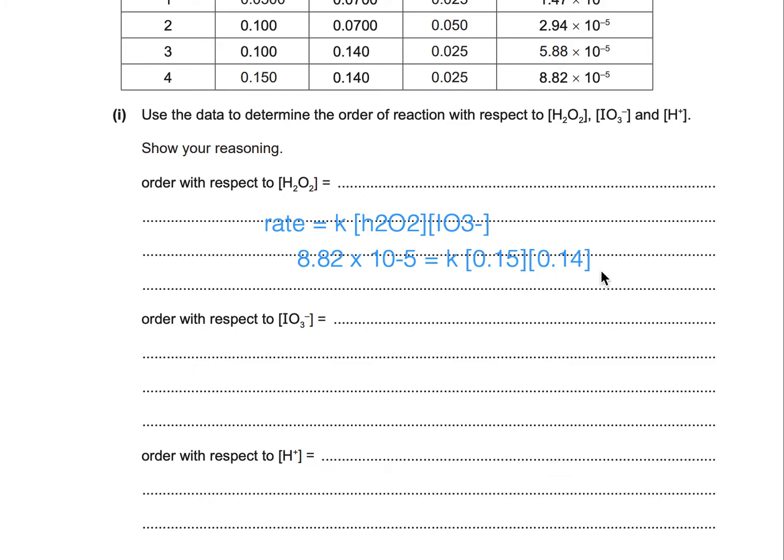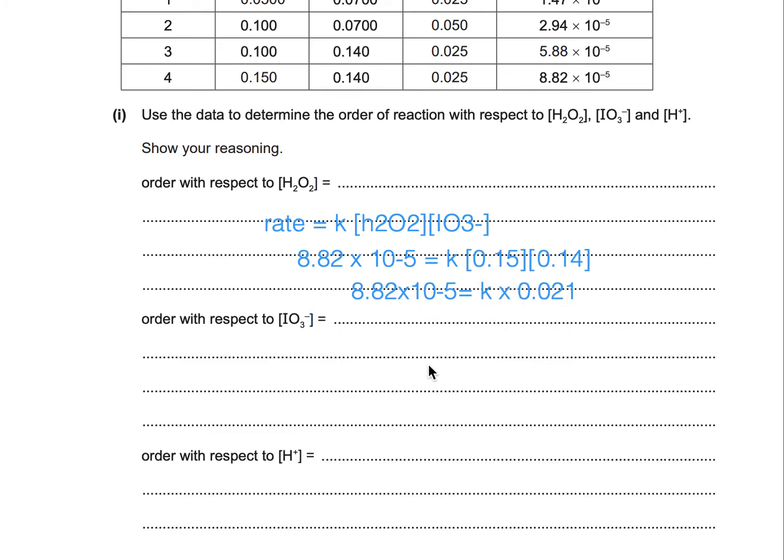Now we need to make k the subject. After we multiply 0.15 and 0.14, let me calculate it, we get 0.021. So we write 8.82 multiplied by 10 raised to power minus 5, which is equal to k multiplied by 0.021. Now we need to calculate k, so we need to make it the subject. If one number is being multiplied on one side, it should be divided on the other side.